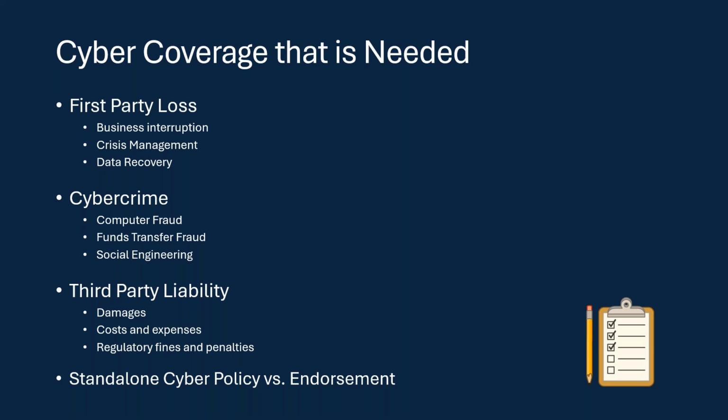Computer fraud insures against theft of funds or property that were transferred over to a cyber criminal. Funds transfer fraud covers the loss stemming from unauthorized instructions from a third party to a bank without the victim's knowledge. And then social engineering covers unintended payments made to cyber criminals who, through deception, convince an employee or officer of a company to transfer funds to the criminal.